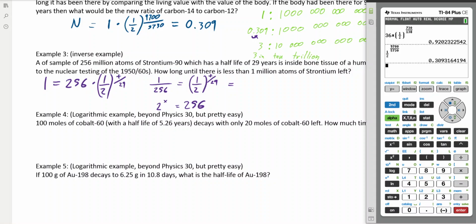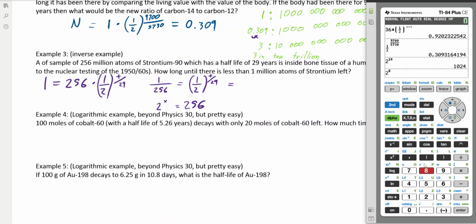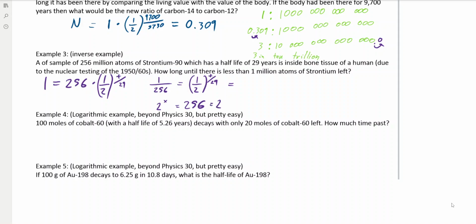Let's just try 10. That didn't work, so 2 to the exponent 8. There you go, that was pretty straightforward. So 2 to the 8 is 256.